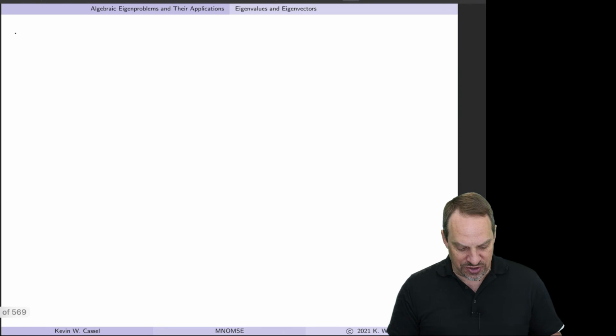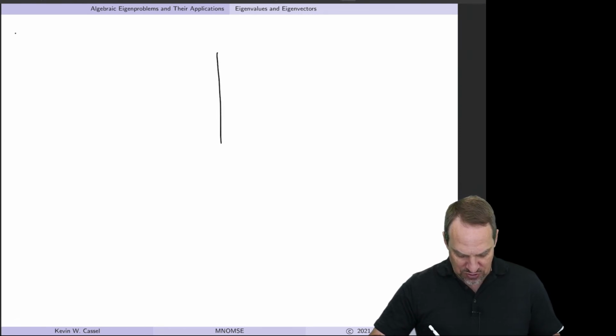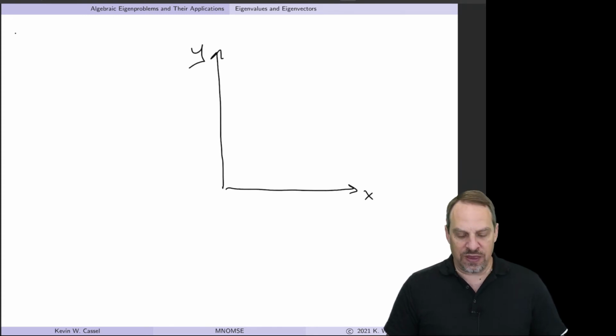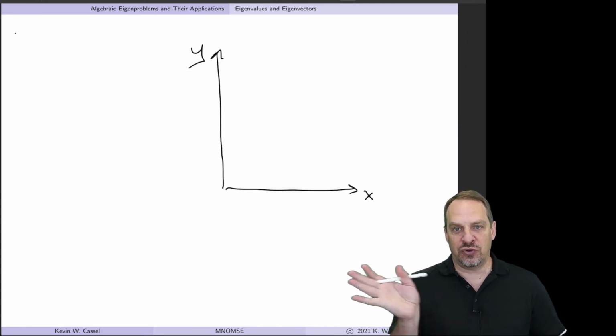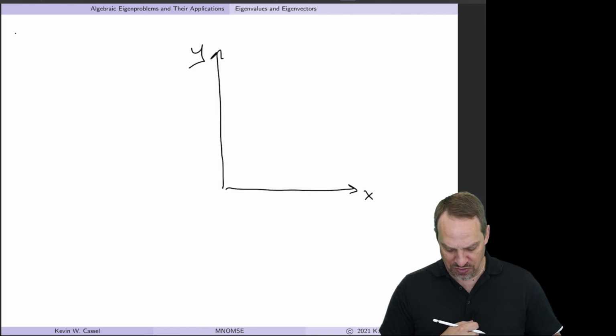So let's draw this. In our original coordinate system, x, y, we had a particular stress state, normal stresses and shear stresses. I won't draw it again because I just drew it a moment ago.